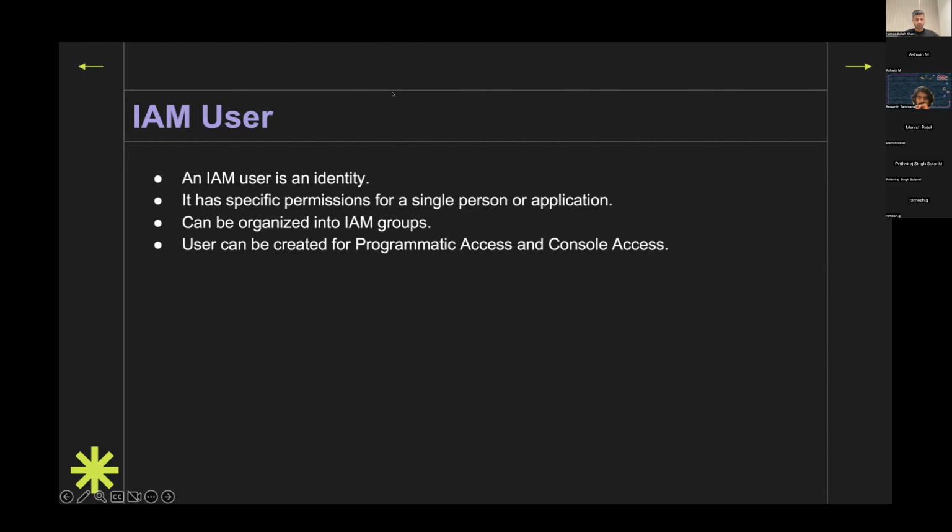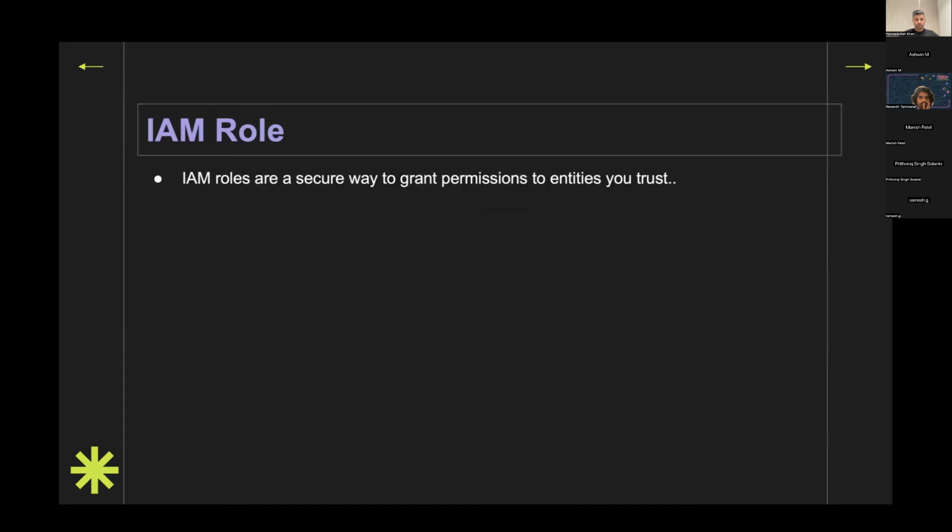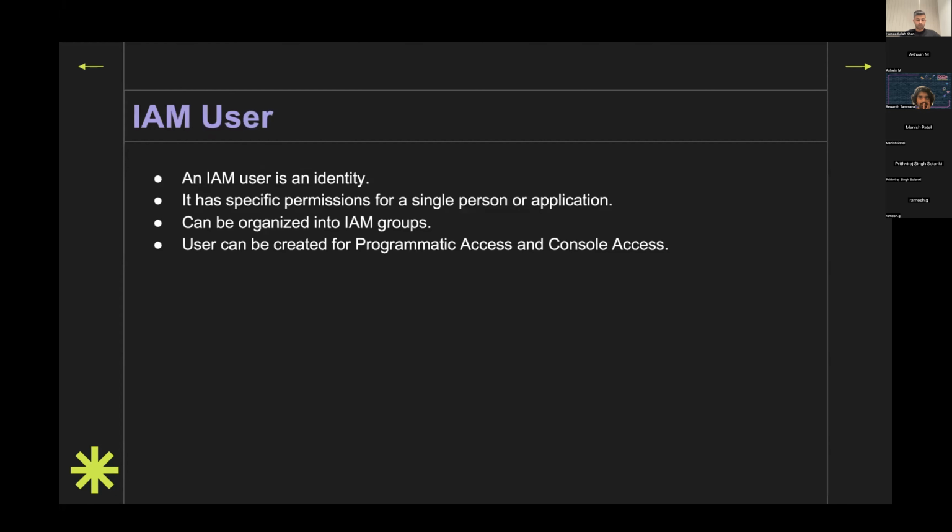And also, since it is a big company, it might have different subgroups and sub-teams inside the company. Like they might have a security division, an audit team, a developer team, and testing teams. So in that case, Hamid can create IAM groups. IAM groups are also a subcomponent of the IAM service, where you can do segregation and grouping.